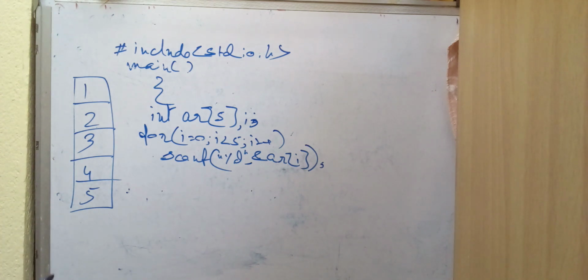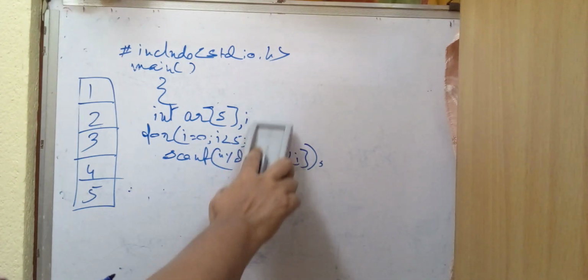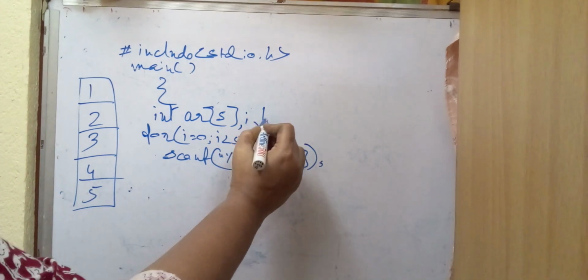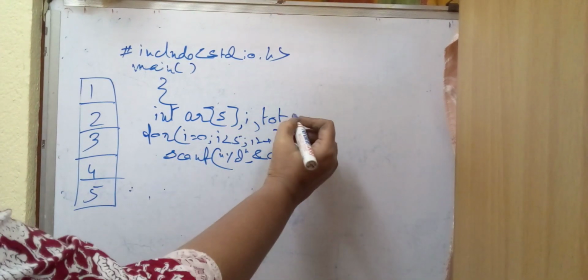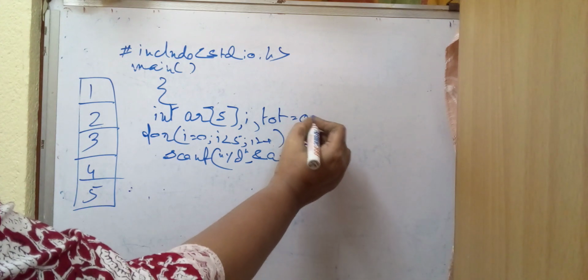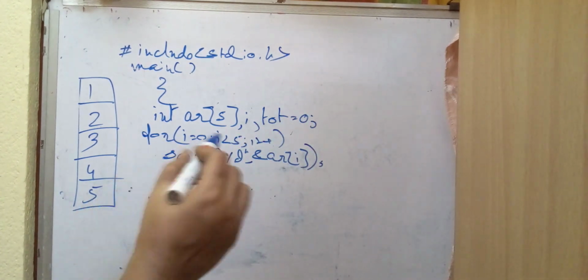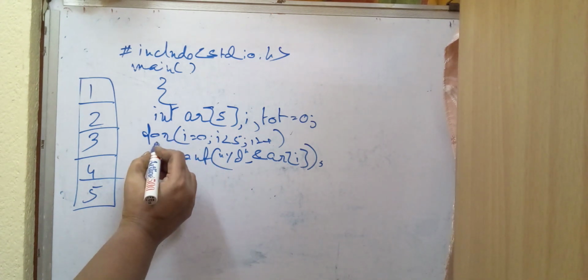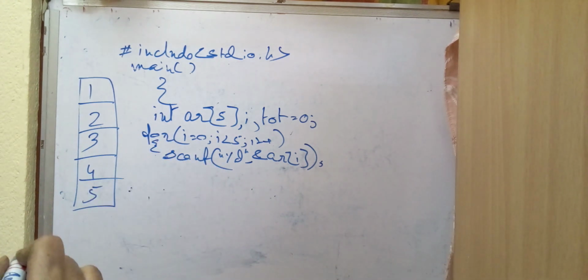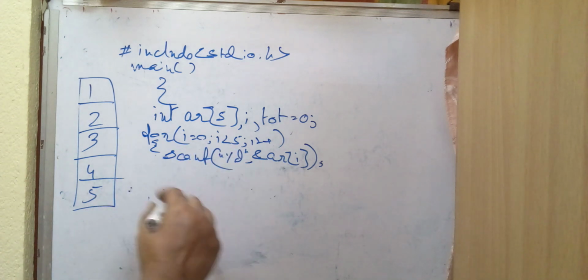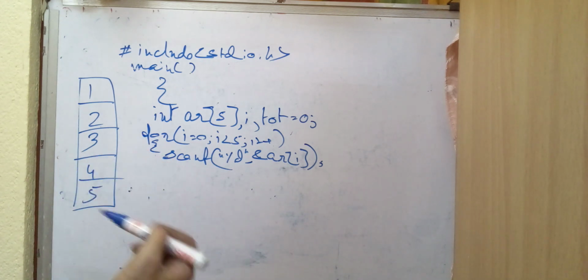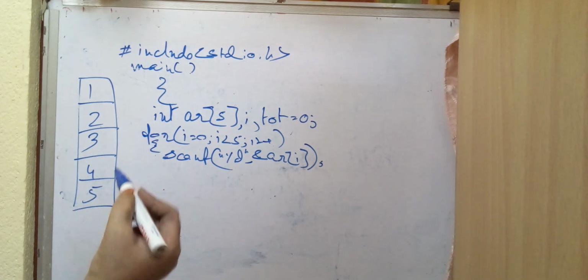Then I will take another variable named tot for total, and I have initialized it to 0. Now one thing I can do, whenever I am inputting the values, I will find the total each time.